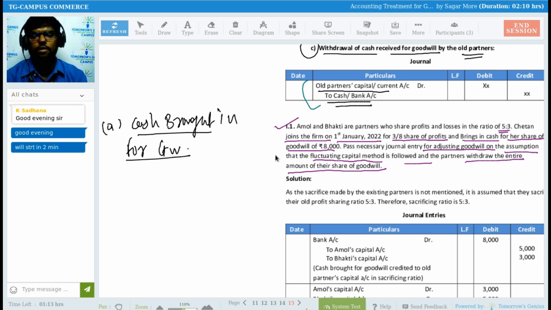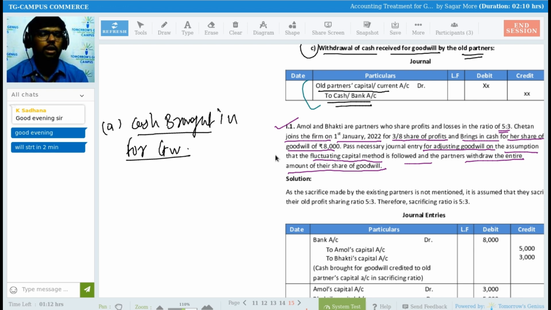If you remember, sir, if this much information is given, old partners' old profit sharing ratio and new partner's new profit sharing ratio, there is no need to calculate the sacrifice ratio. Sacrifice ratio is 5:3. Absolutely right. Even if you calculate now, you will get the same answer.